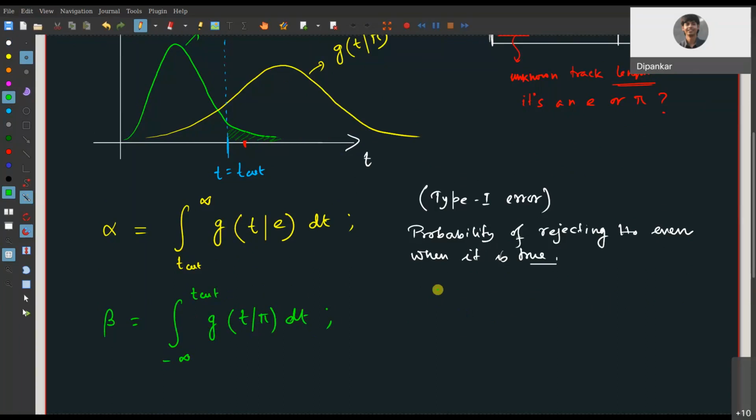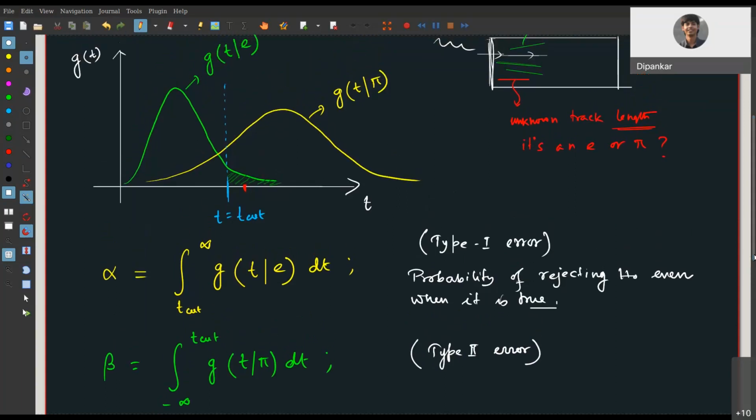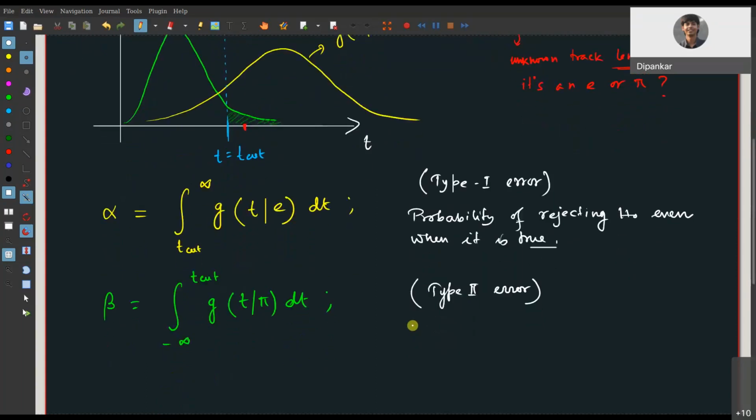This is usually called the type 2 error. So this is the probability of accepting H0 even when the alternative hypothesis is true.